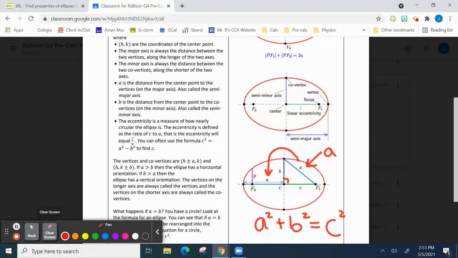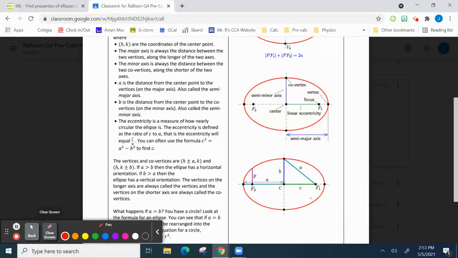But the thing to notice is that for ellipses, it's b squared plus c squared equals a squared. So don't let that throw you more than once or twice and you lose a lot of points. All right. So there's that.